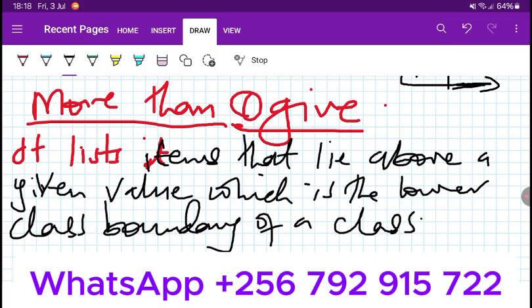So this more than cumulative frequency curve is used in situations where, most of the situations they can use, maybe you are looking at the length of the lifetime, maybe the lifespan of a light bulb.